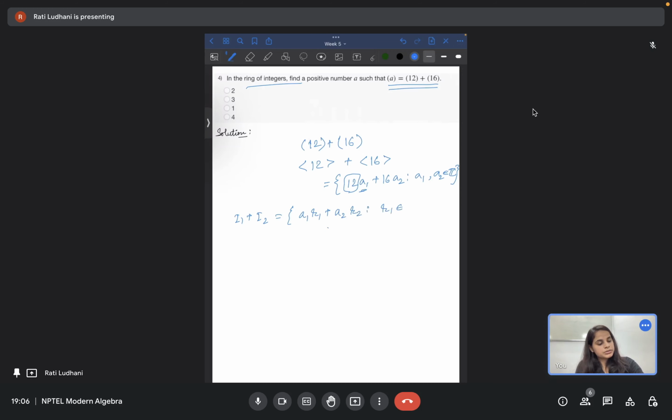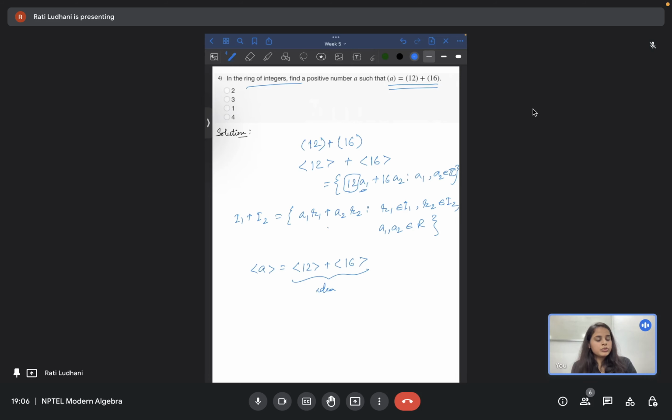So R1 belongs to I1, R2 belongs to I2, and A1 and A2 belong to R. You take the linear combination from I1 and I2. This is your definition for addition, and you can check this is an ideal. These are from the lectures itself. So this is an ideal.